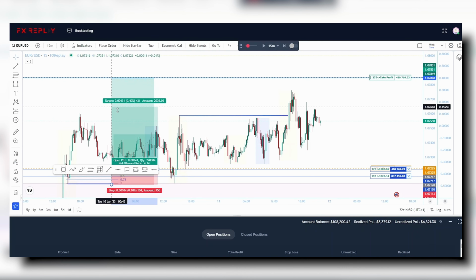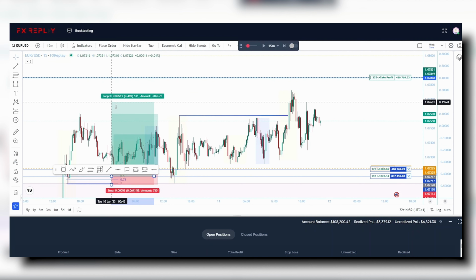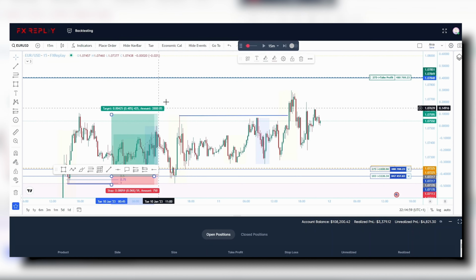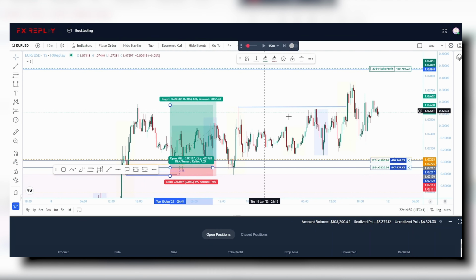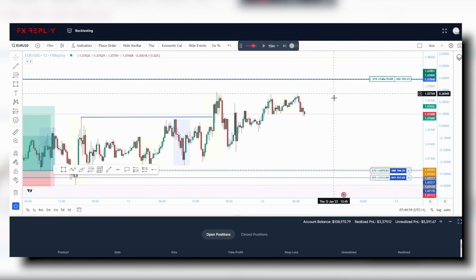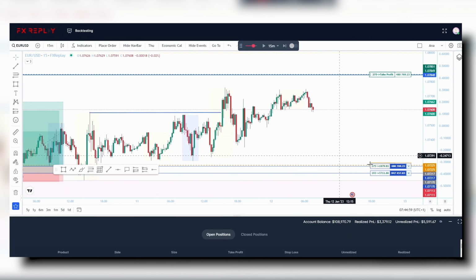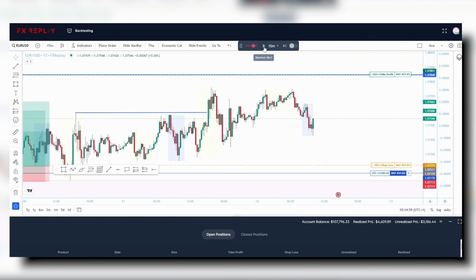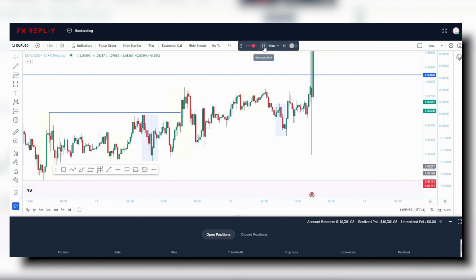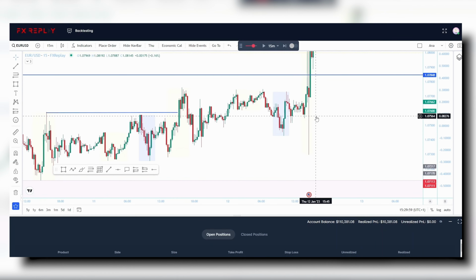We could maybe take just profits here instead of being so ambitious with the targets. In this case, when price is so close to take profit, I would definitely move. You see? I messed it up. Okay, this was also news.